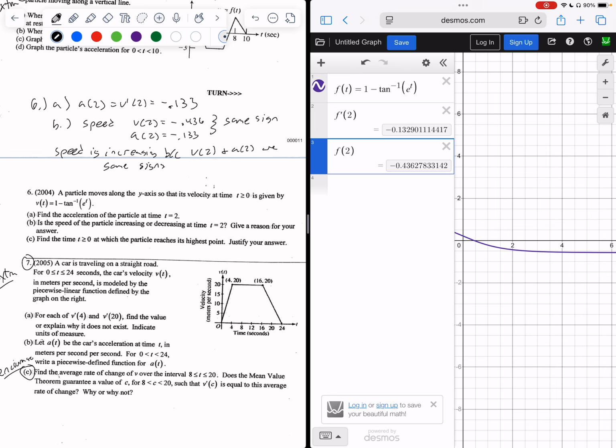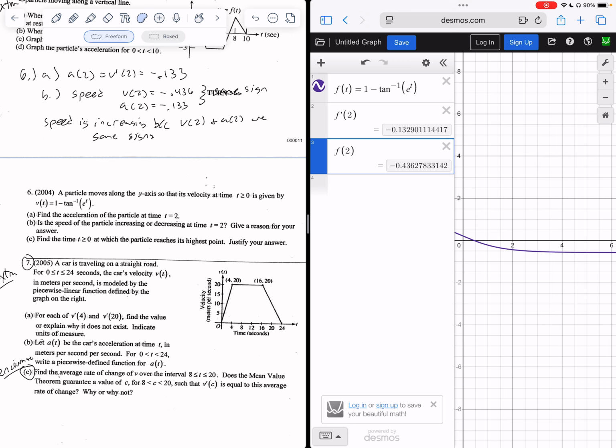And now we're going to take a look at a very unique question. Question C. So I'm going to move all of this up, right up there. Question C says, find the time greater than 0 when the particle reaches the highest point. Normally this would be a candidates test.